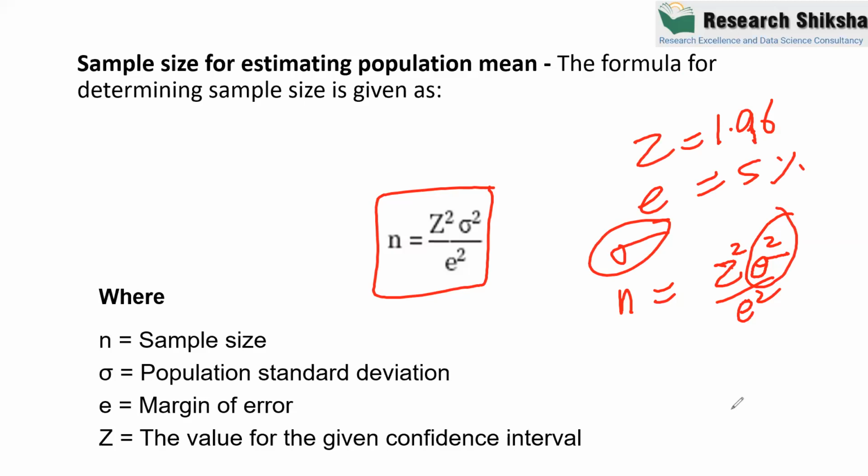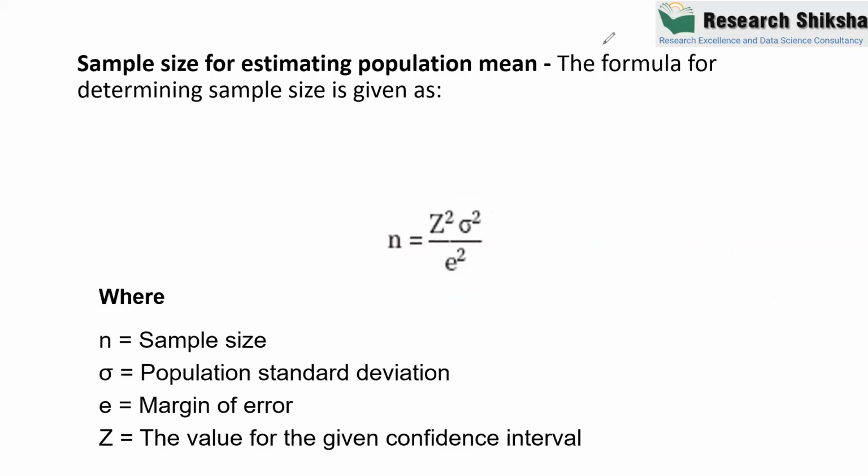So this is the problem. Okay. Now, if you have an answer to it, please give me the idea. This is the biggest problem that I found, how to find out this sigma.